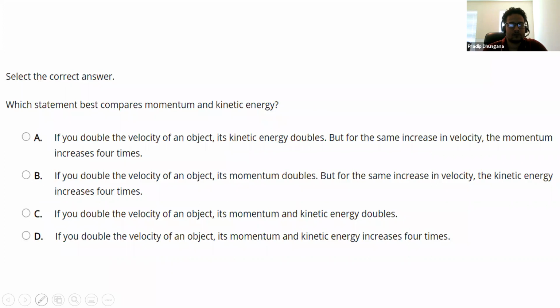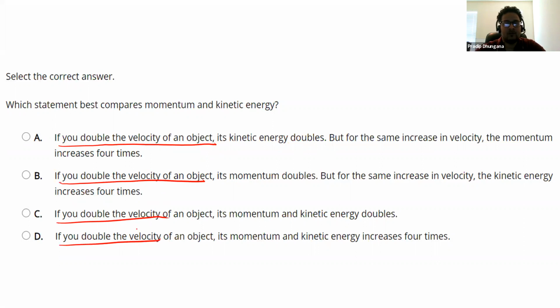Move on. The question is which statement best compares momentum and kinetic energy? And you can see that in each of those choices, if you double the velocity of an object, kinetic energy doubles or momentum doubles. So that means for each of the options, you have to assume that we have doubled the velocity of the object and calculate how momentum and kinetic energy will change.